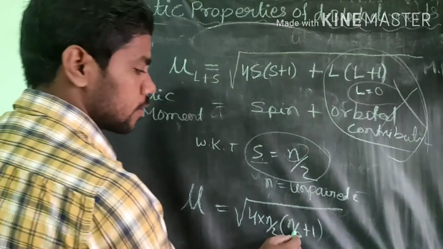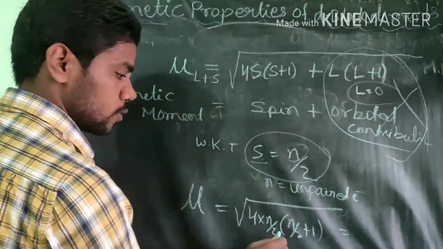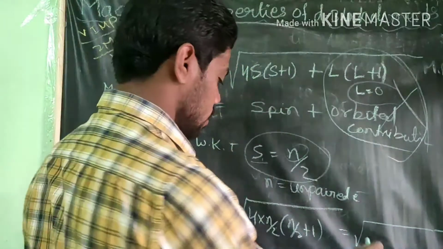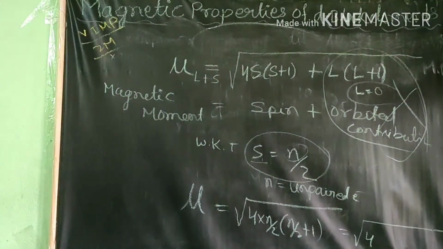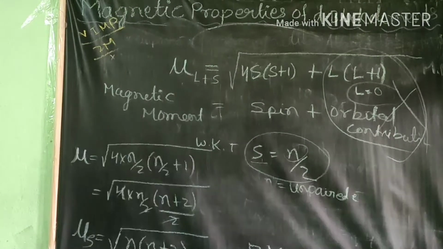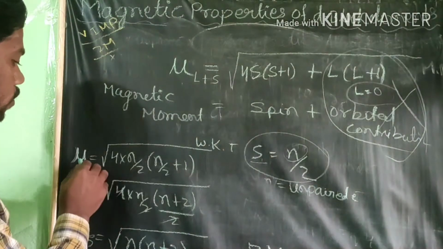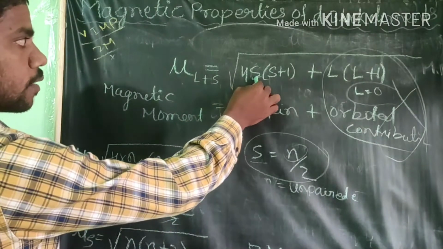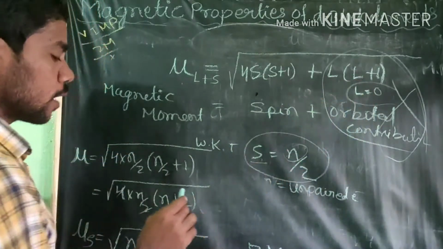After that, we take the LCM, which is 2. Here mu equals the square root of 4 into n by 2 into n by 2 plus 1. Wherever s is there, you substitute n by 2, and l equal to 0 because there is no orbital contribution.